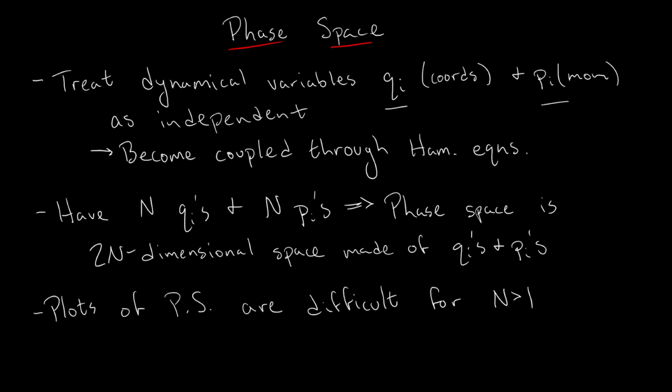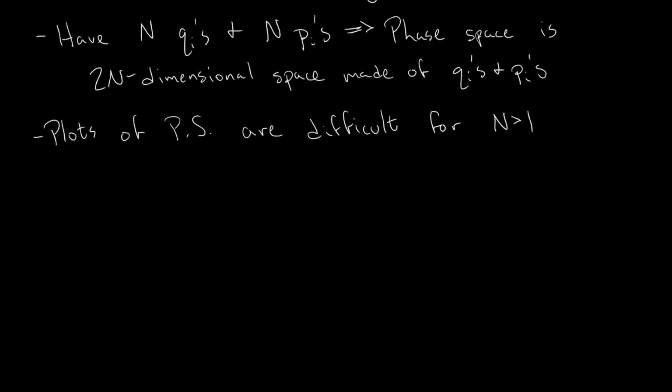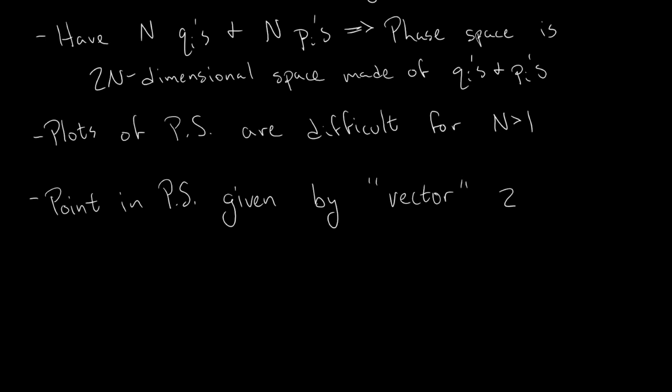Okay, so with that said, we're going to say that we can designate a point in phase space. So a point in phase space is given by, I'm going to put it in quotes, a vector, which I'll call z sub I. And the way that we'll define z sub I is: z sub I is equal to q sub I. So this is a 2n-dimensional vector.